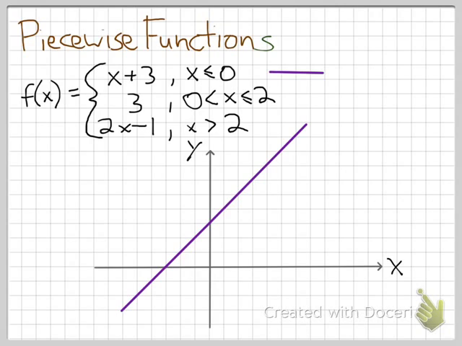Then we have just 3, and 3 we'll do in this color. 3 is a horizontal line. It's essentially saying f of x equals 3 or y equals 3. Goes through there. And last one is 2x minus 1. Let's change colors here with my lines.